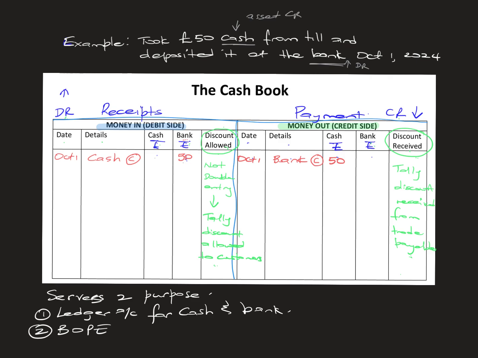So therefore, a contra entry affects both the cash and bank column of the cash book, and I'll just write CB. So cash and bank columns of the cash book, and it is called a contra entry.